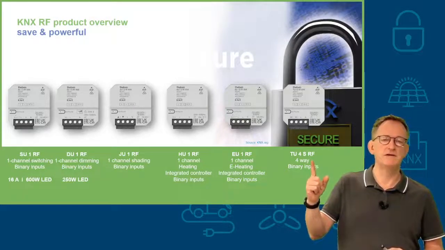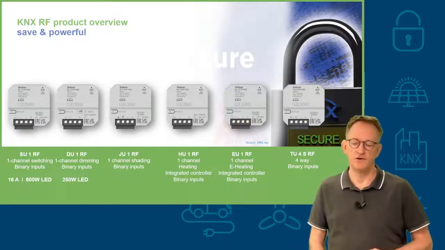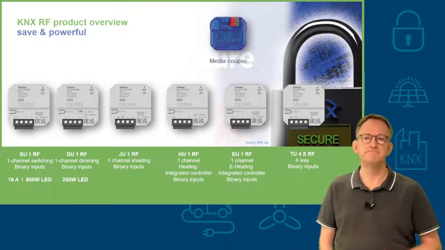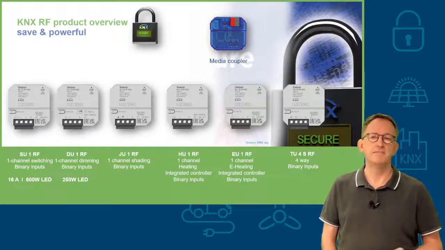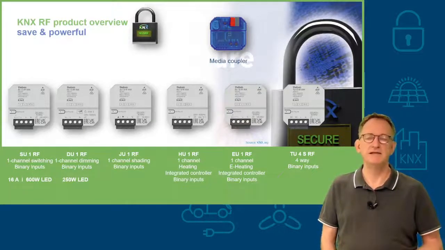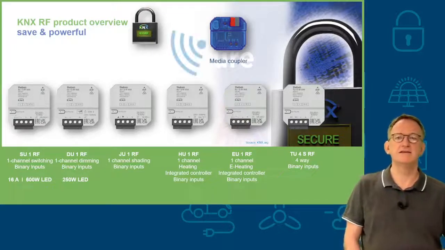And we have the TU4, which is a 4-way binary input. And for sure the media coupler, as I have explained, which is necessary to communicate between the TP line and the RF devices. As I have mentioned, all of the devices are KNX Secure.